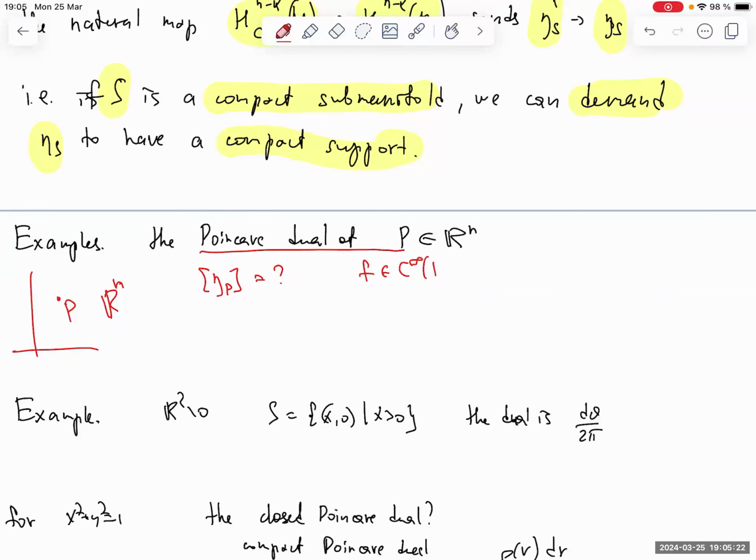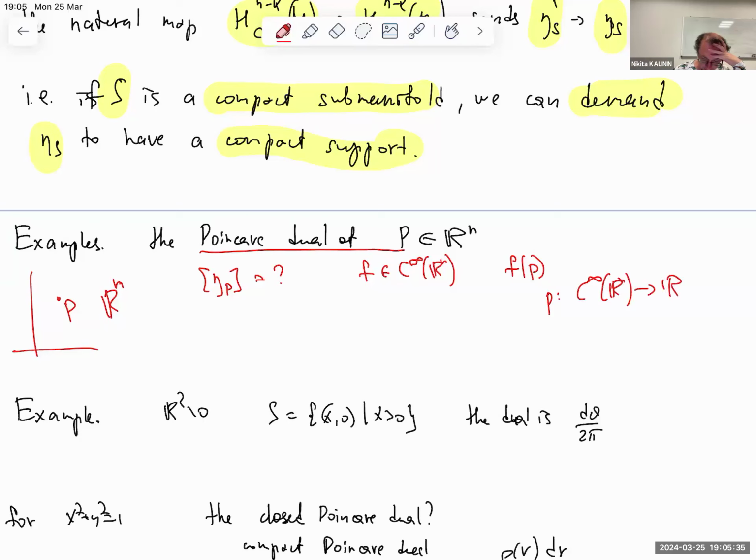I guess just evaluate it at the point P. So point P gives me a map from C infinity of Rn to R, and so what? And we have to find a dual.